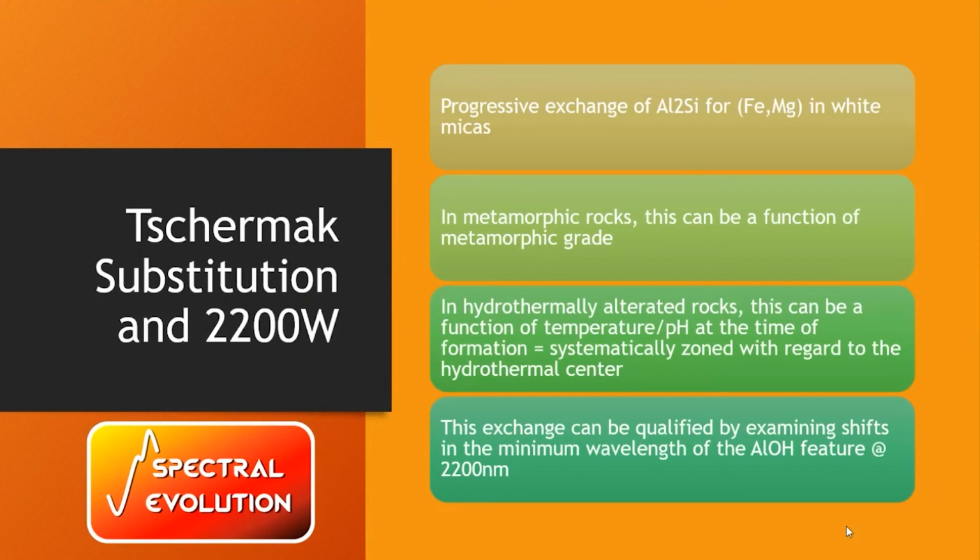And in hydrothermally altered rocks, this can be a function of temperature and pH at the time of formation, which is actually systematically zoned with regard to the hydrothermal center. So this exchange can be qualified by examining the shifts in the wavelength of the AlOH feature at 2200 nanometers.